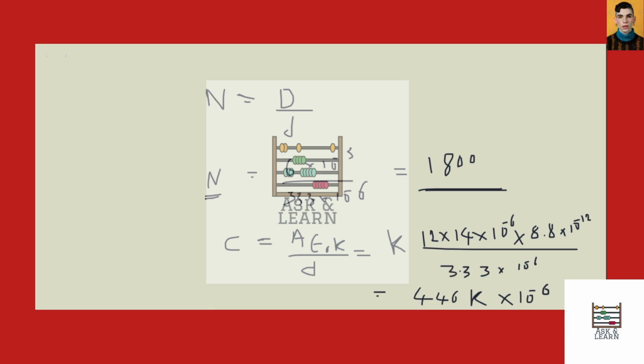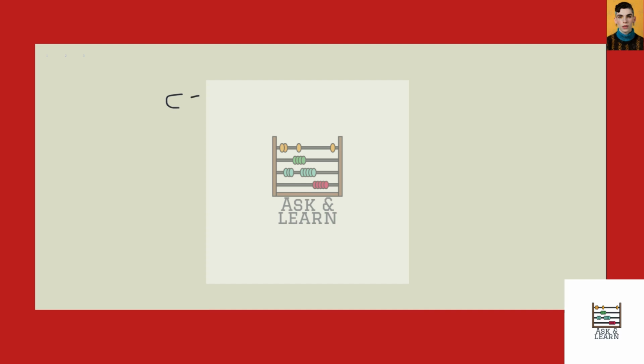Oh, negative 12, sorry. So as you can see now, if you try to write this in terms of microfarad, so let's see, 446, so 0.446 K times 10 power negative 9, so this is nanofarad. And so assume that value of K.